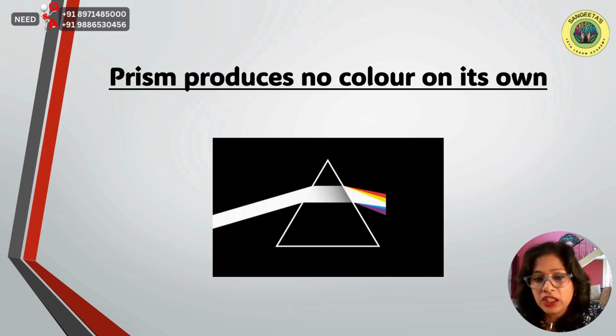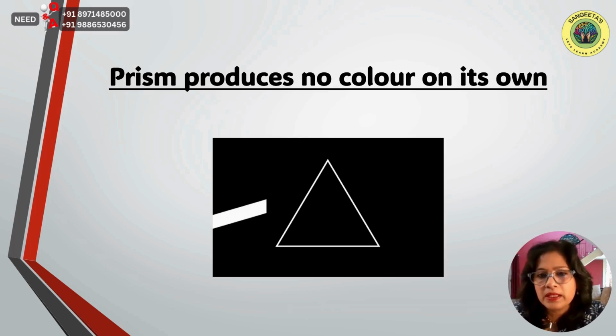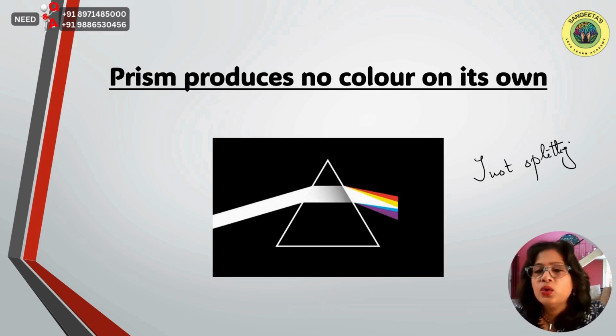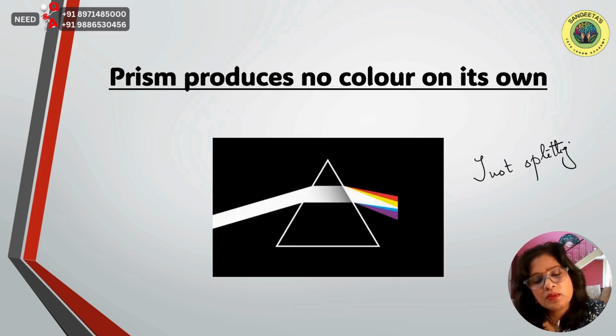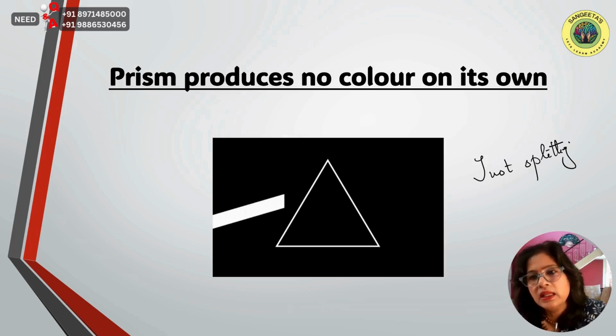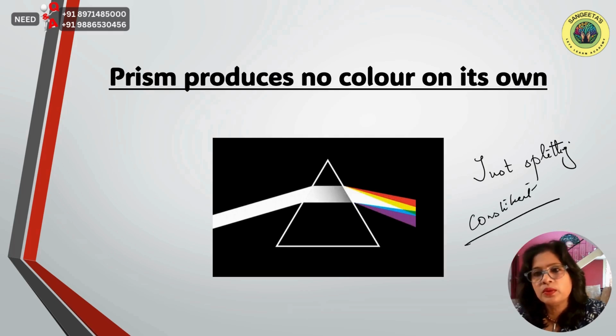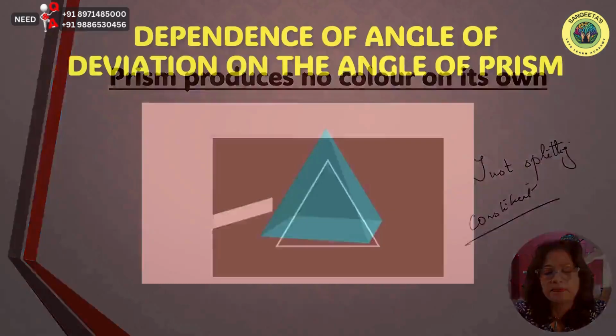It's not making or innovating any color. It's just splitting the white light, which is made up of 7 colors. Hence we say they are constituent colors. Constituent means it is actually made up of those colors.